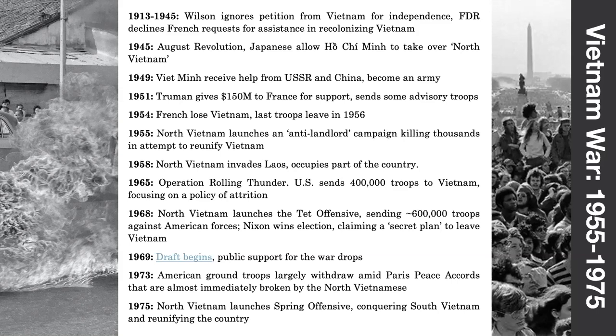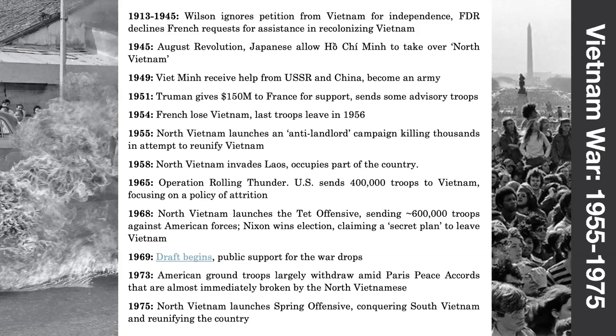Eventually, Nixon wins re-election with his secret plan to leave Vietnam with dignity and peace. He doesn't do it, but he has the exact same message and is re-elected with his doubly secret plan. And then he actually does help start withdrawing some troops.